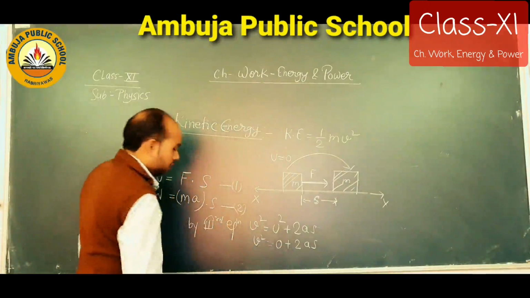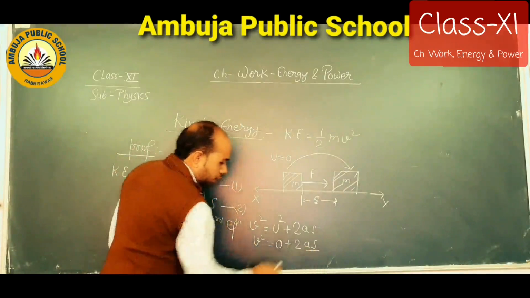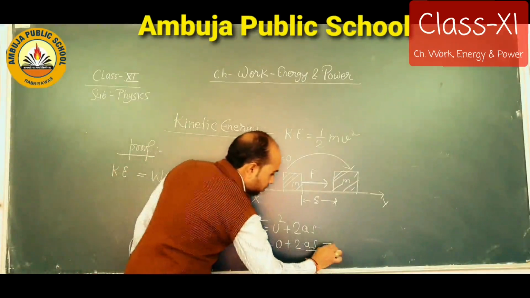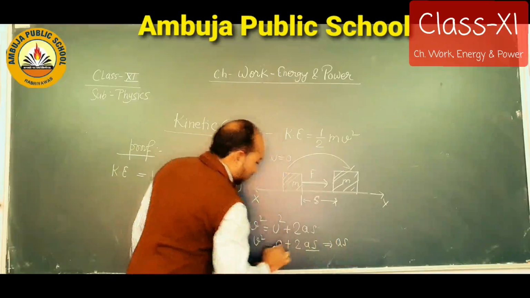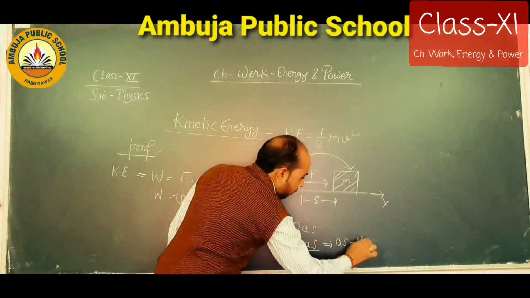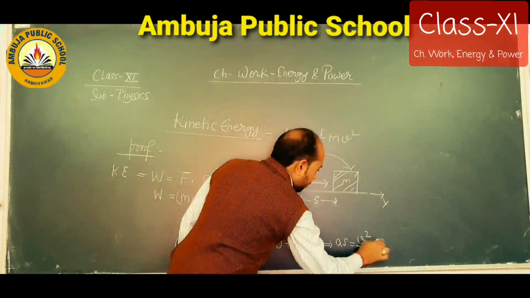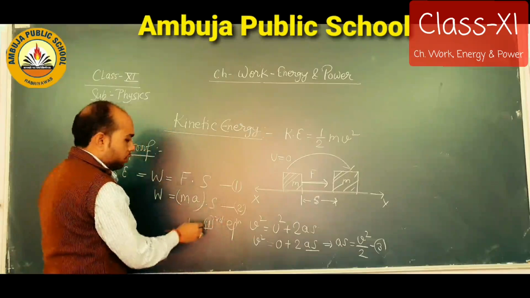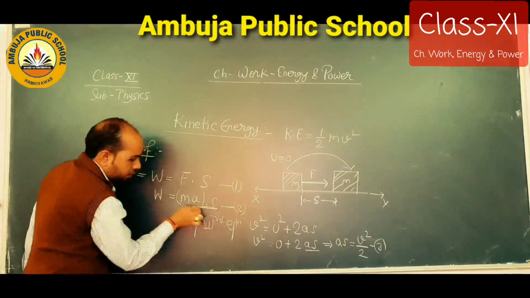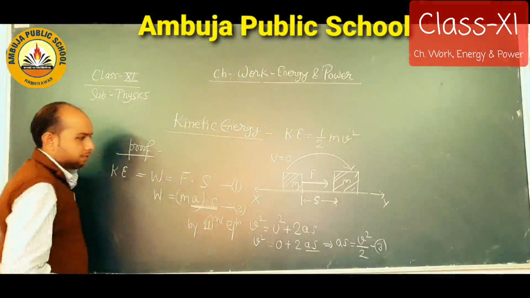If we find out from this equation, a into s is equal to v square divided by 2. So equation number 3. Now this equation 3 is to be substituted in equation 2 for as.